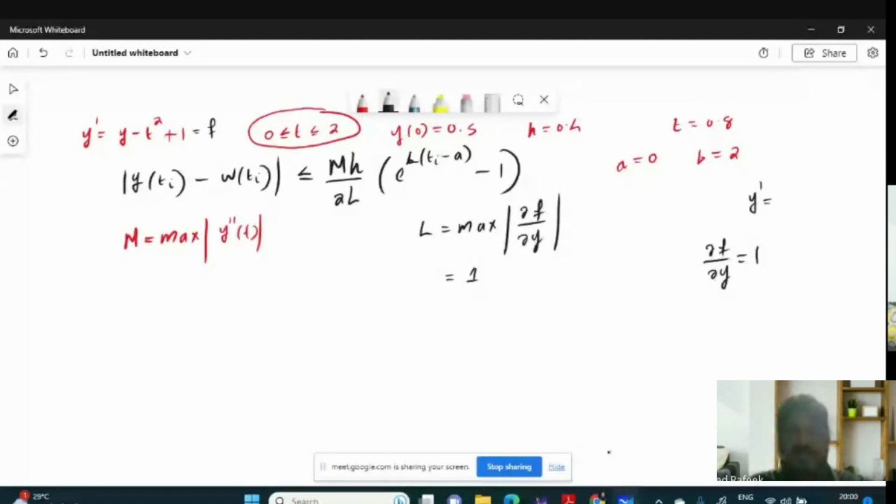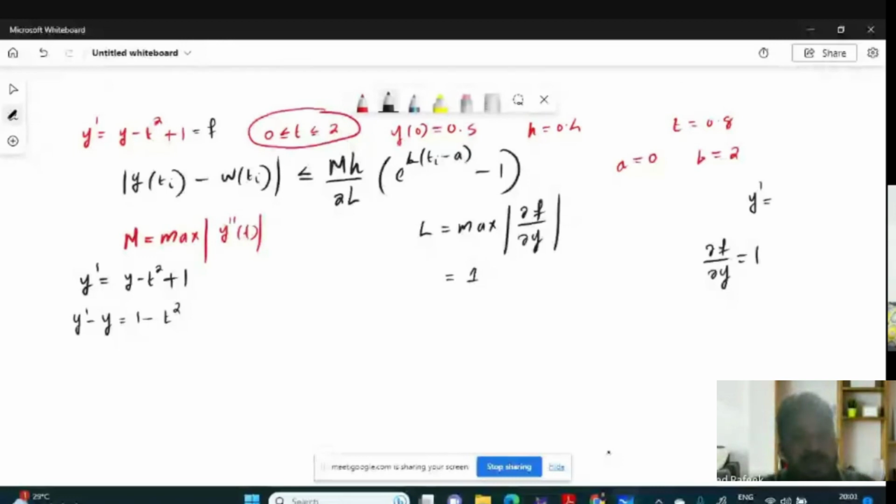Now you need to find y double dash, then only you are able to find the maximum of y double dash. Y dash is equal to y minus t square plus 1, so y dash minus y equal to 1 minus t square. This is a linear first order differential equation.